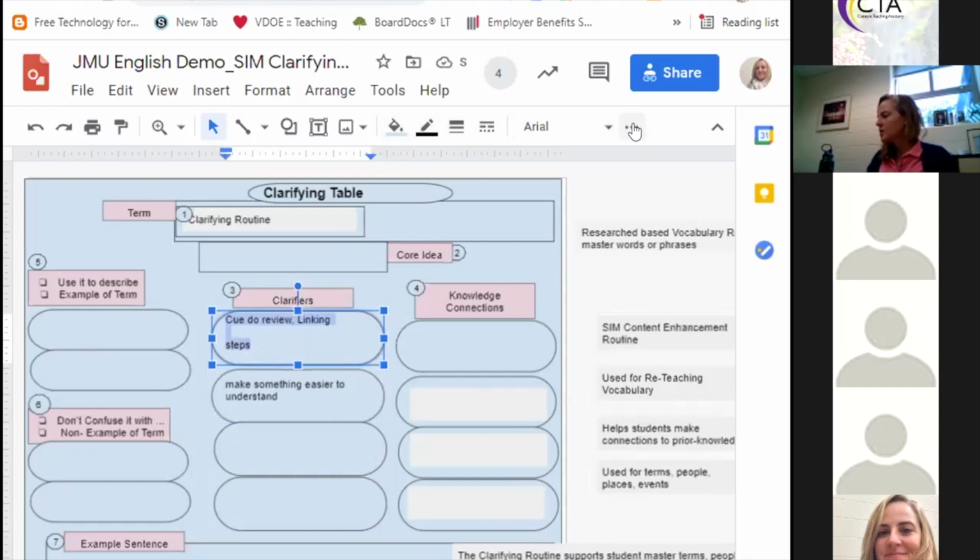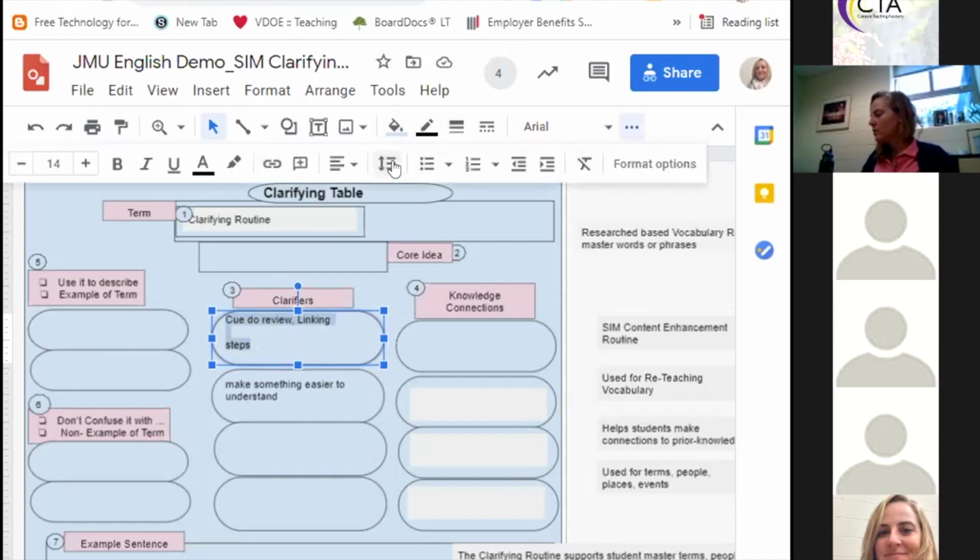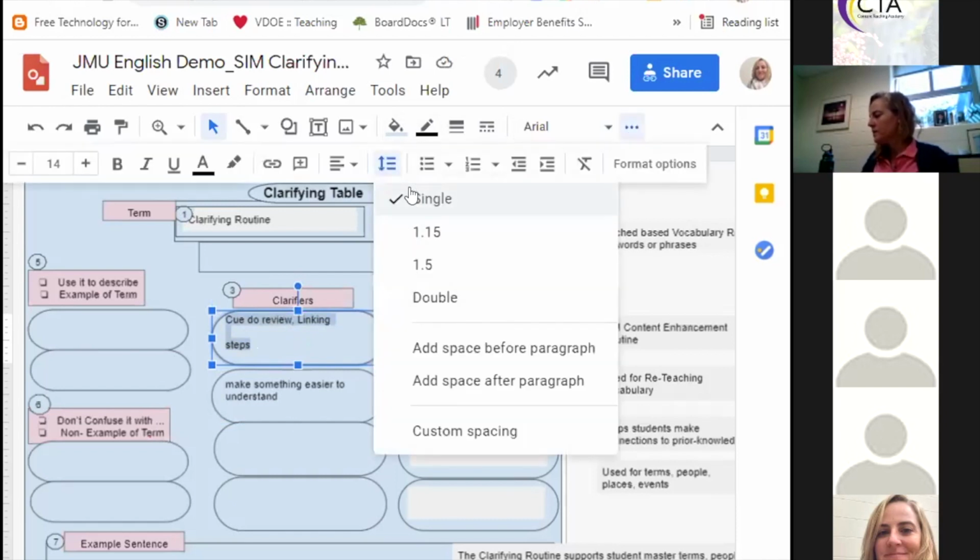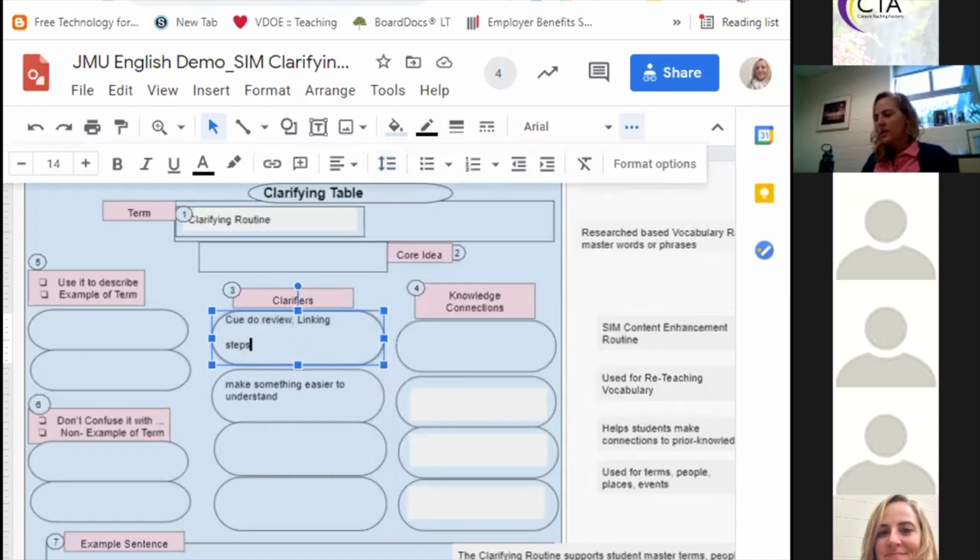I'm loving all these answers coming in. Let me do a little formatting real quick so I can fit things in here. You use a sequence of those linking steps. Part of it is going to have a clarifying table. It's a step-by-step process to vocabulary.